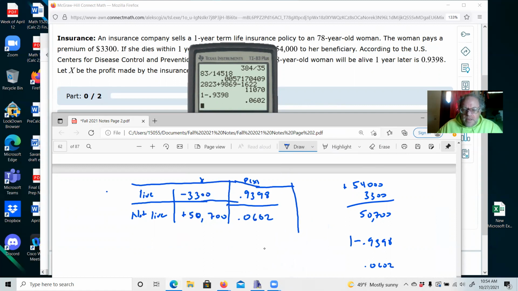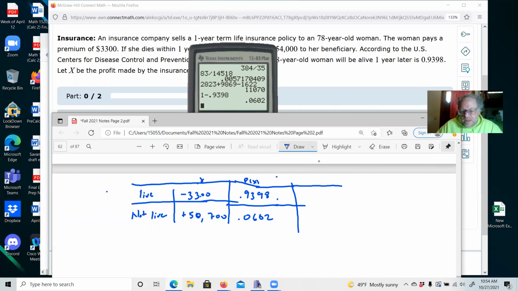Then I'm going to erase this stuff here, so I need that room. I should have managed better. If you want to do this horizontal, that's fine. You want to do it vertical, that's fine. It doesn't matter, as long as you line up your value of an event and the probability of an event. You could line them up as rows or columns.